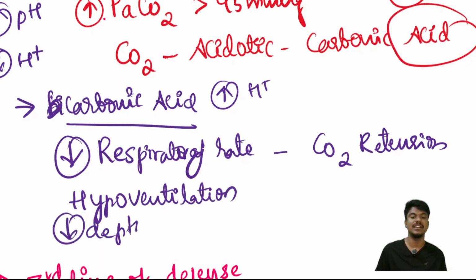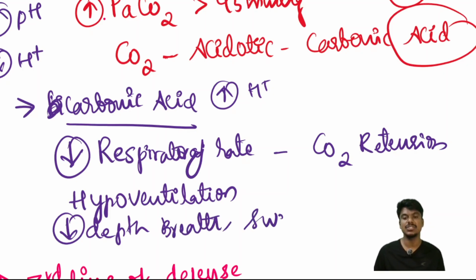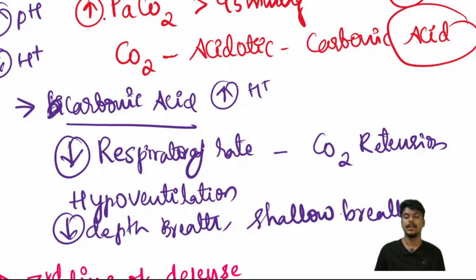If you see the breathing pattern of an alkalotic patient, he will be having shallow breathing, which means there will not be deep breathing.